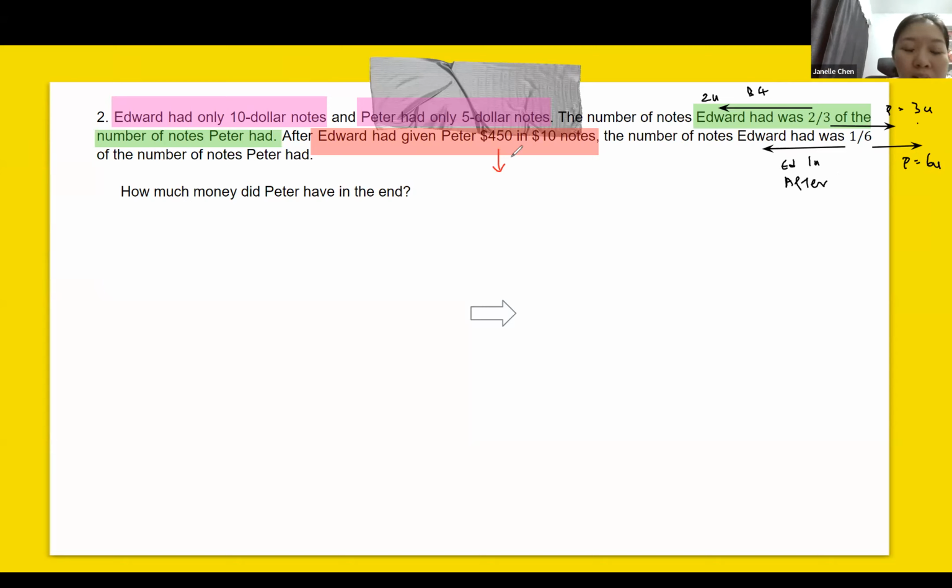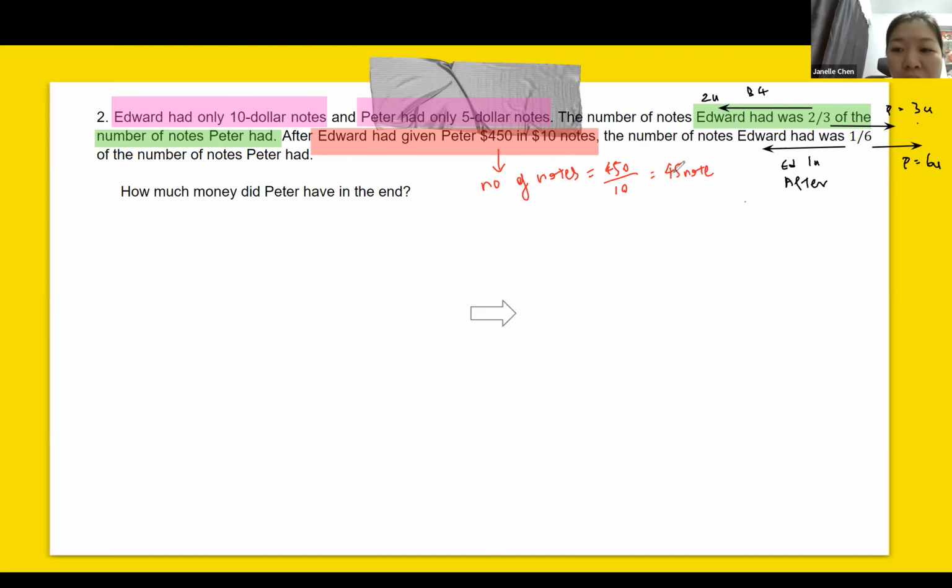So here I want to know the number of notes given, because the number of notes given affects my unit change. The ratio of notes Edward had to Peter was 2:3 at first, or 2/3 at first. And because of these notes given away, $450 in $10 notes means 45 notes given away.